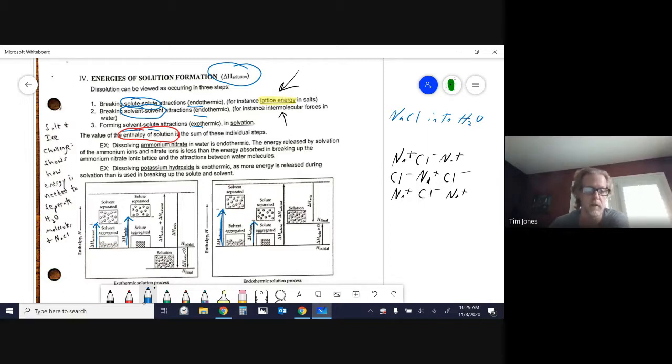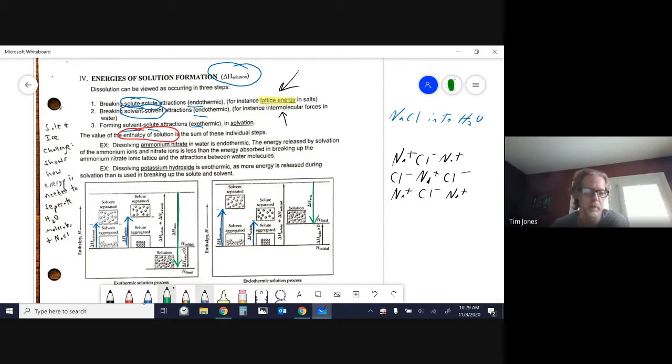And then they have the new interaction between the solvent and the solute here. And notice that's always exothermic. And the question of whether the overall process has a positive or a negative delta H just depends on how these values add up.